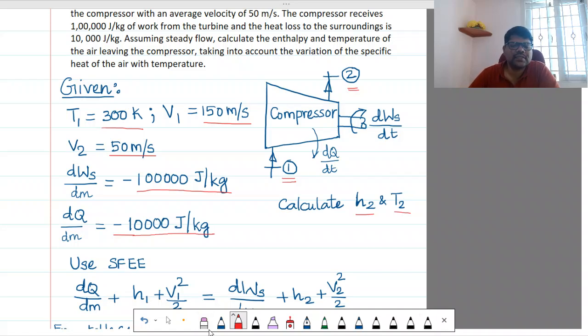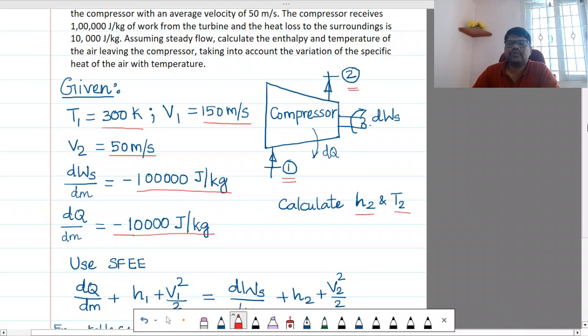Actually, in this case, they have given the work transfer and the heat transfer per unit mass basis. Right. How to find out the required values like H2 and T2?